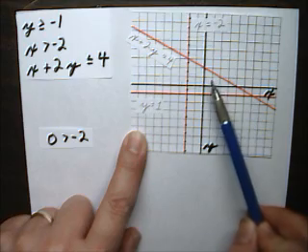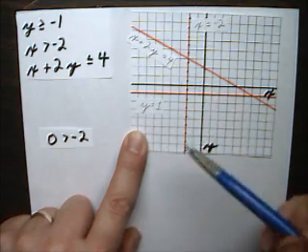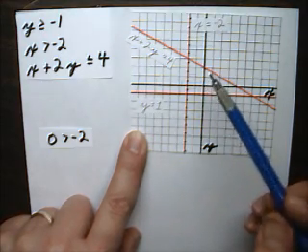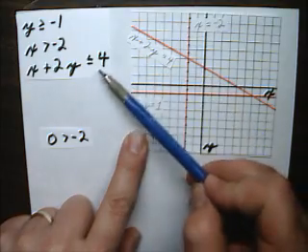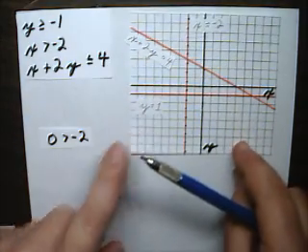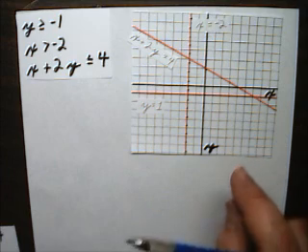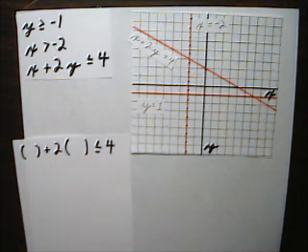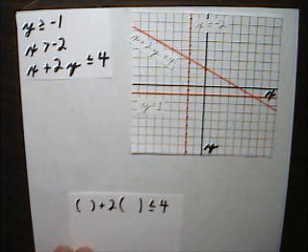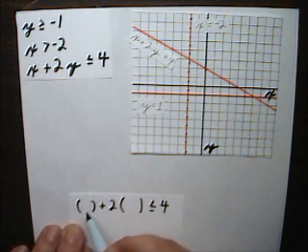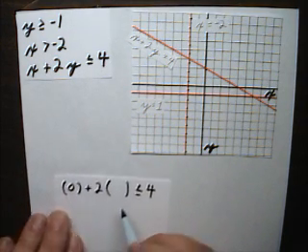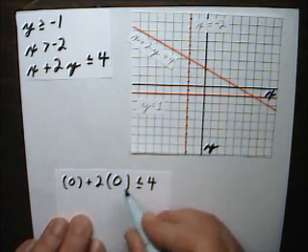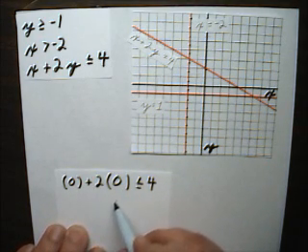And now I have to figure out where the third line gets shaded. So again, I'm going to use the point 0, 0. I'll put in 0 for x and 0 for y.